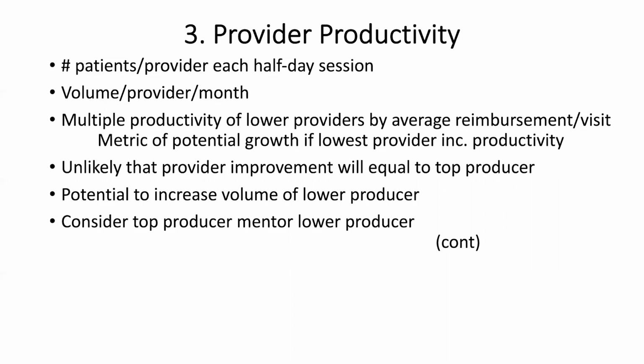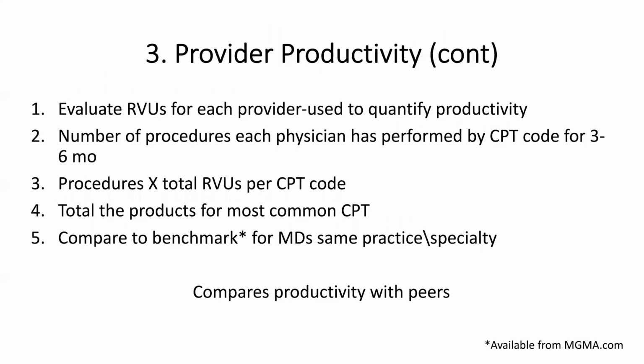And this is a metric of potential growth if the lowest provider could increase his or her productivity to equal that of the greatest producer. It is true that it is unlikely that the least productive provider will have significant improvement that will equal the top producer. We have to evaluate the practice by the relative value units for each provider.